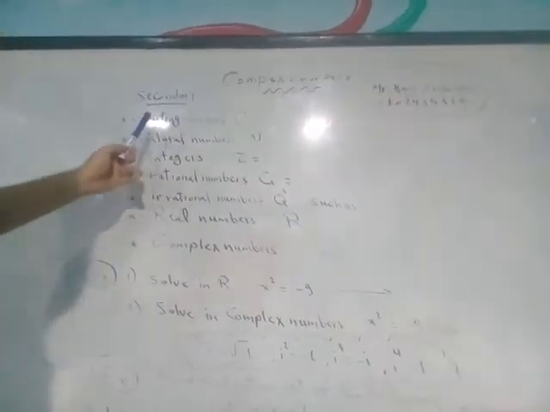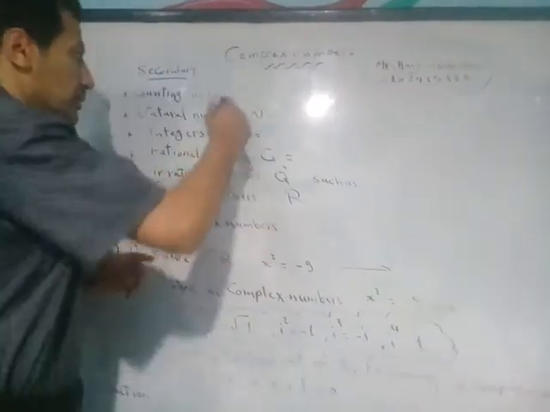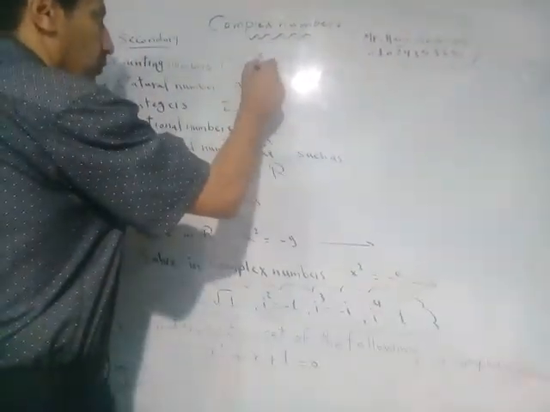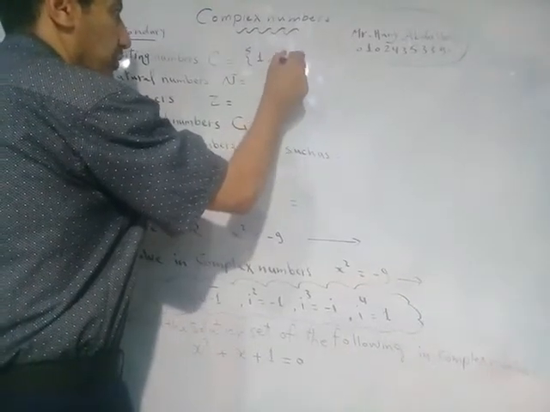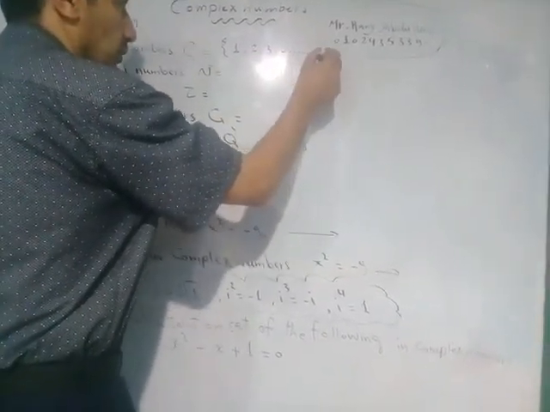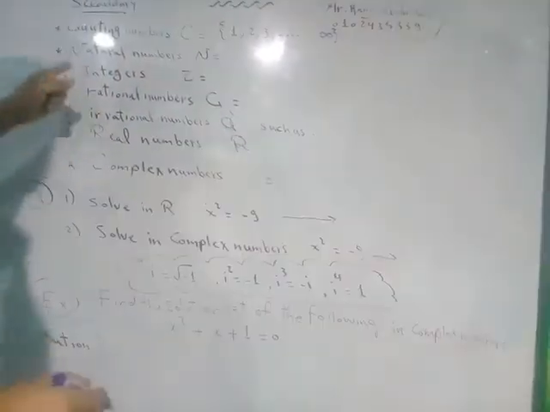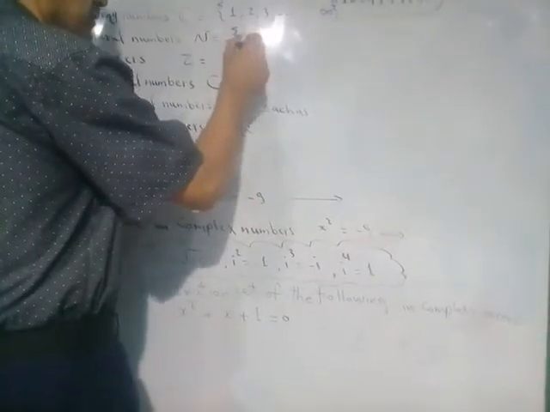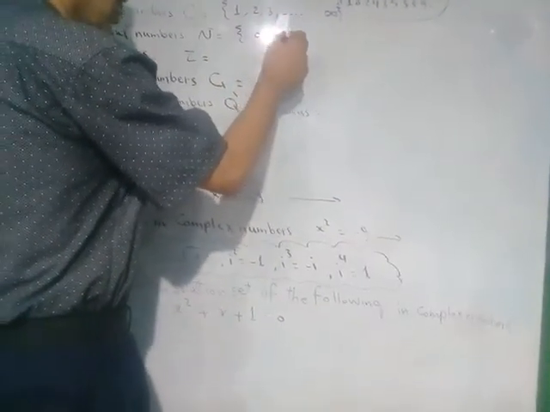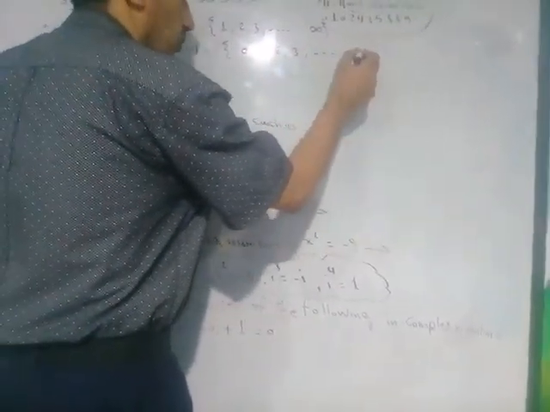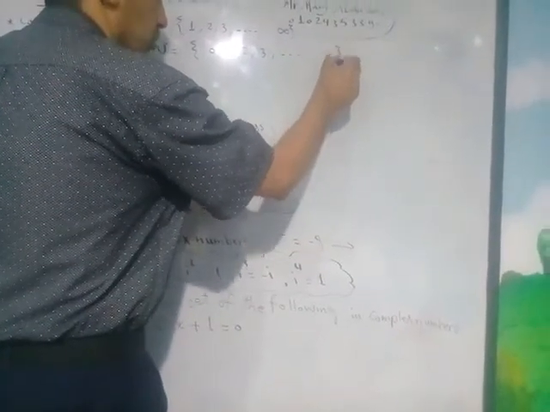Number one, counting numbers, simple C, from 1, 2, 3, and so on to positive infinity. Next, natural numbers N: 0, 1, 2, 3, and so on, also to positive infinity.